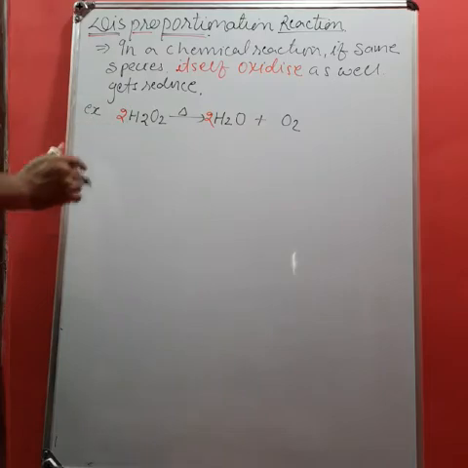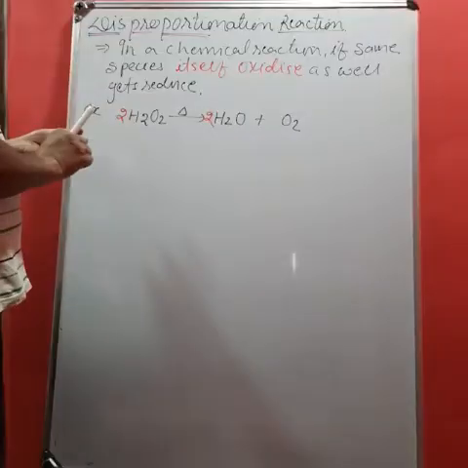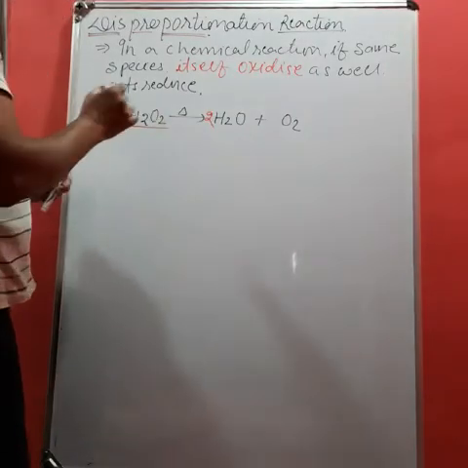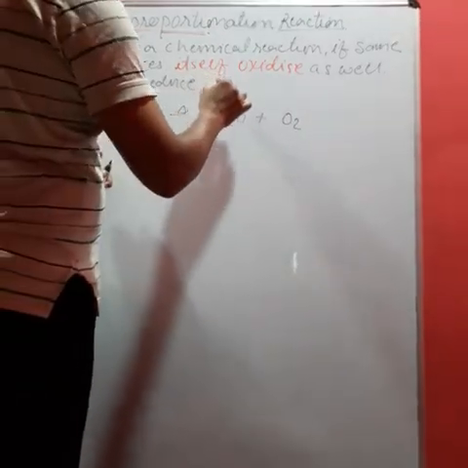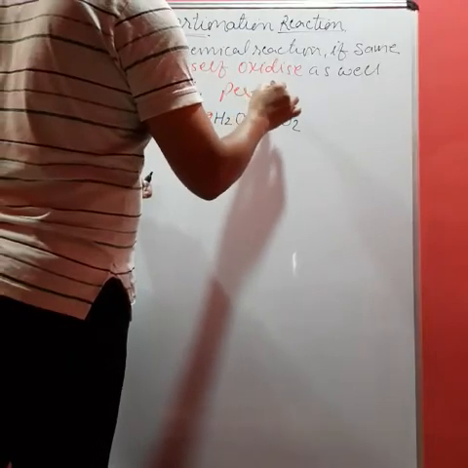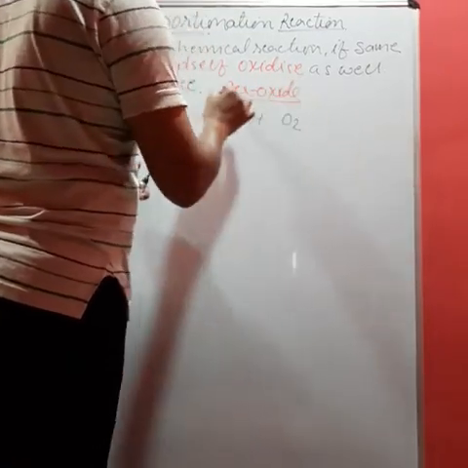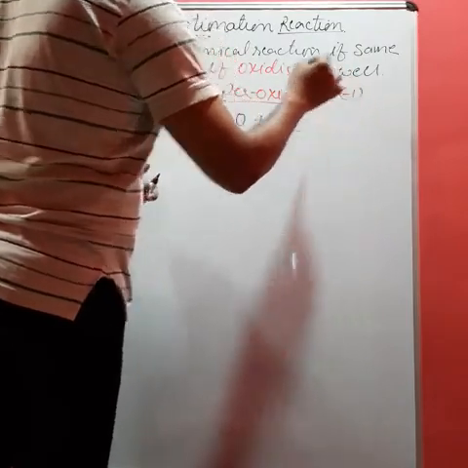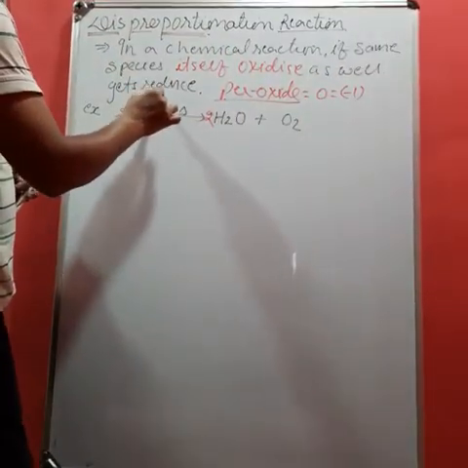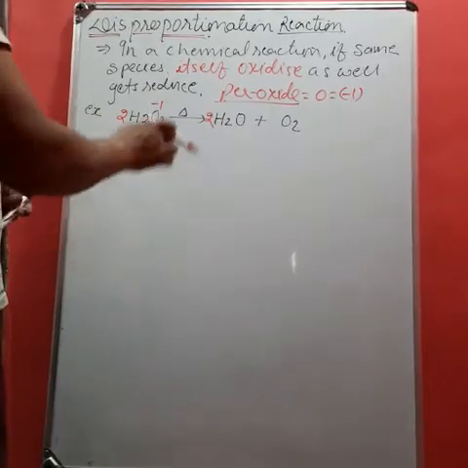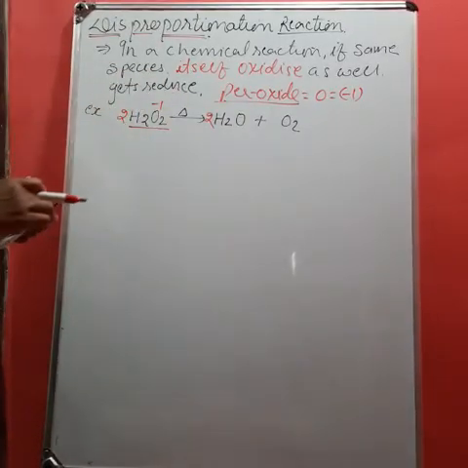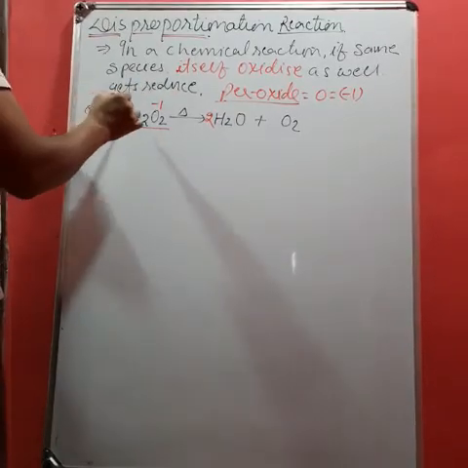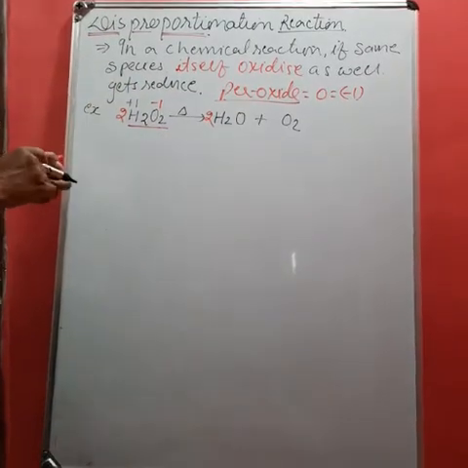Student, I told you earlier that the oxidation state of oxygen in case of peroxide, hydrogen peroxide, always shows -1. So here is the exceptional case where the oxidation state of oxygen is -1. With respect to it, the oxidation state of hydrogen will be +1, isn't it?